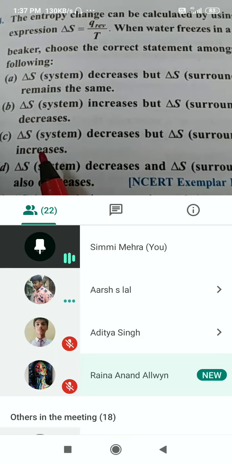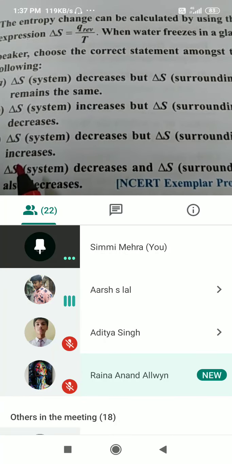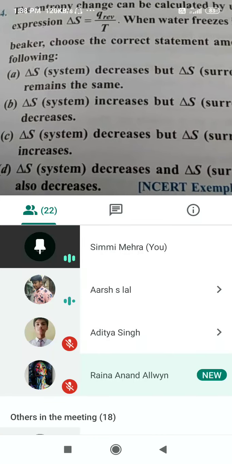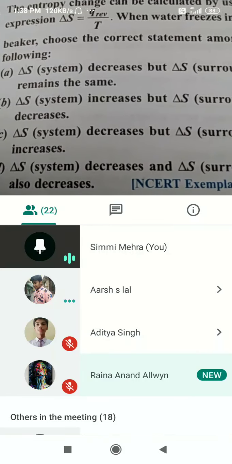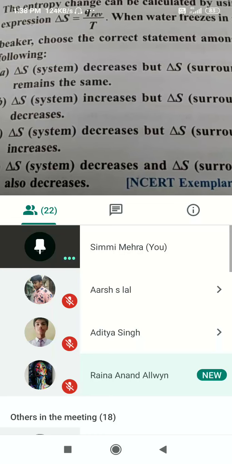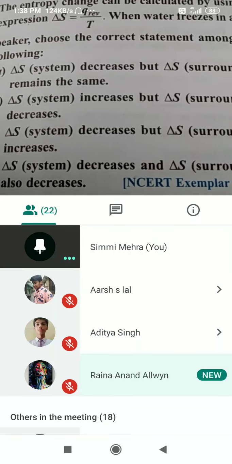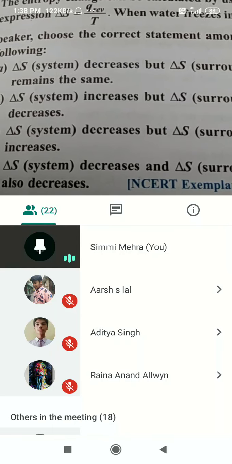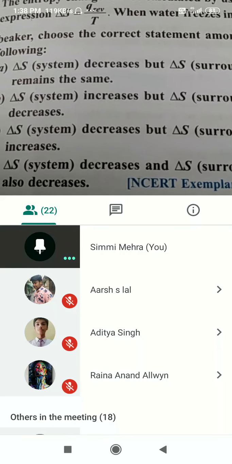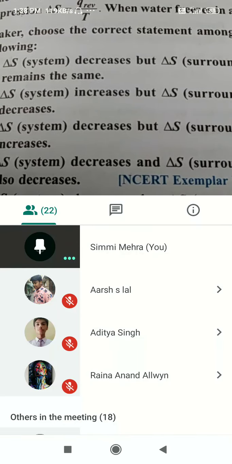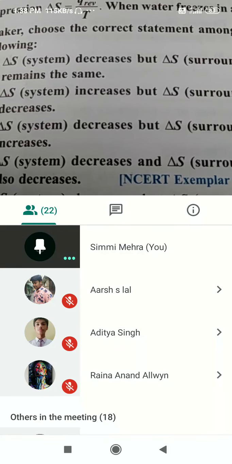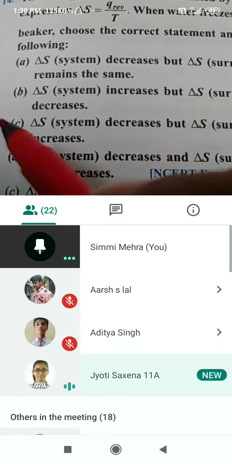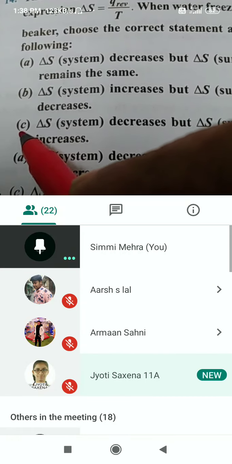Anybody else has any other choice? So C is correct.